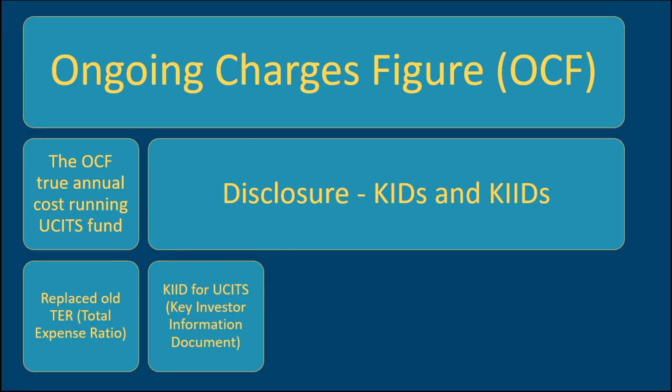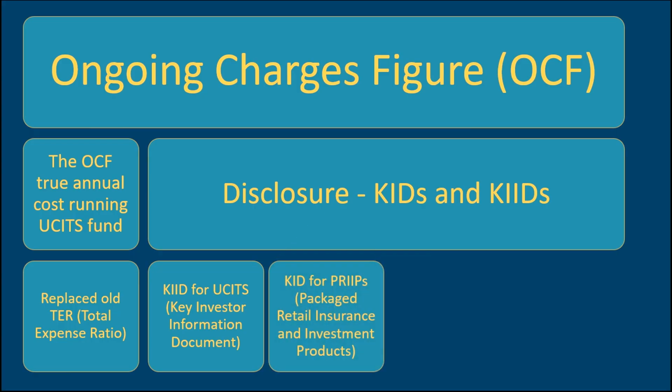Now the KID, the key investor information document, is for UCITS. But now we've got PRIPs, packaged retail insurance and investment products. That's the one that we work with as UK advisors. So we give KIDs, don't we, which is the key information document. But that's for PRIPs, packaged retail insurance and investment products.